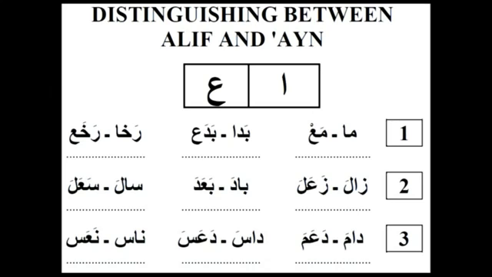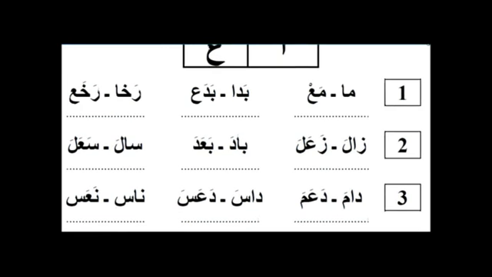We'll go on to our next lesson, our next practice assignment, which is distinguishing between the alif and the ain. Okay, go ahead and do the first 3 rows.